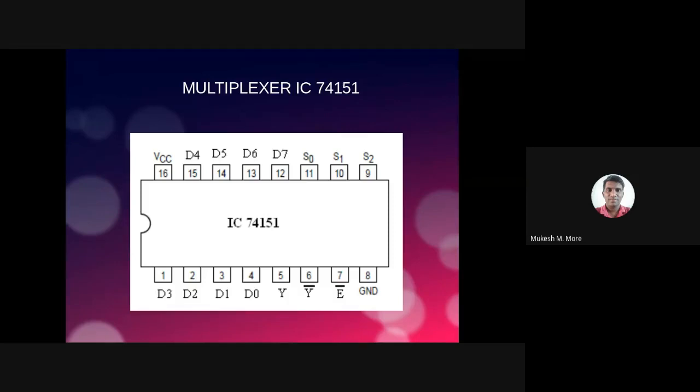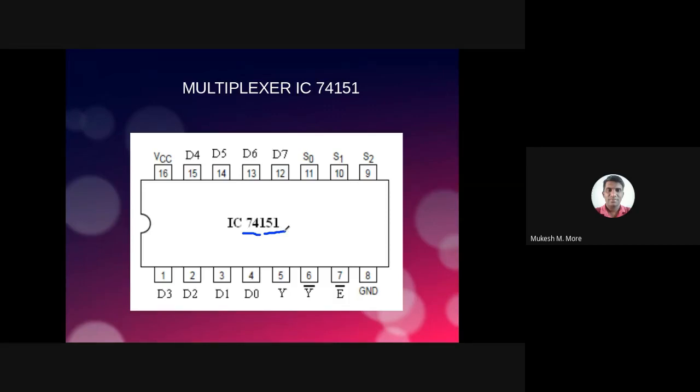IC number 74151. Basically the 74 means we are using TTL logic, transistor logic, and the IC number is 151.